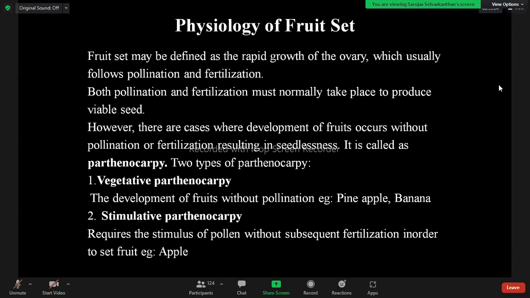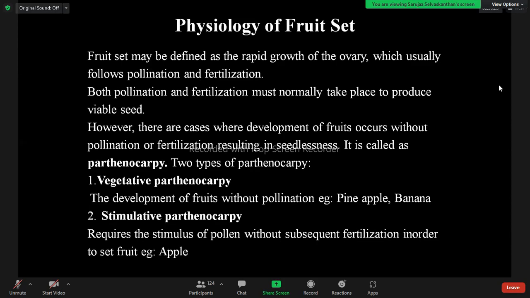That is seedlessness, a phenomenon we call parthenocarpy, right? Most of the time, fruits are developed after pollination and fertilization, and we can find viable seeds within them.